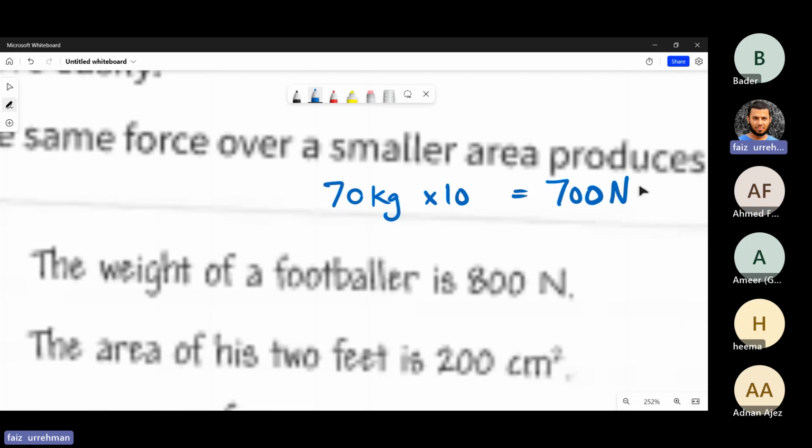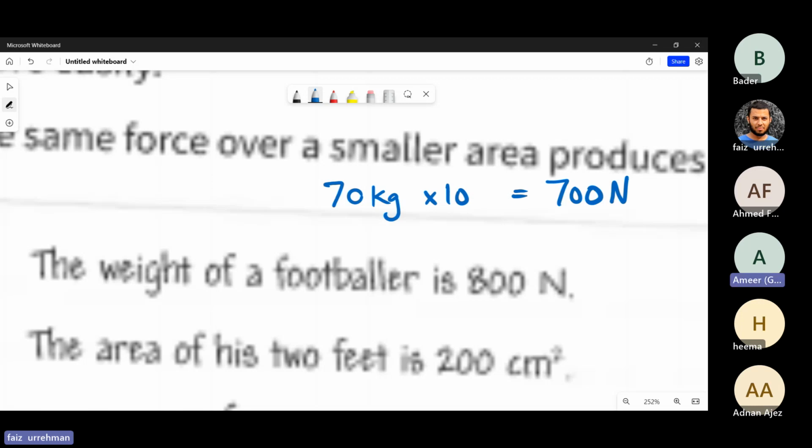700. Okay. So Muhammad Amir, what's your weight in Newton? Mister, I'm asking you, what's your weight in Newton?